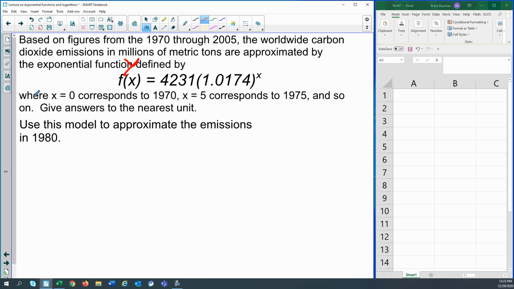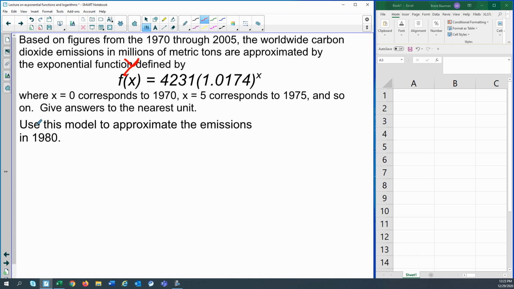Okay, so it's telling us that x equals 0 corresponds to 1970. So if we plug in 0 for x, f of 0, that will tell us how much carbon dioxide emissions happened in 1970. If we plug in 5, same idea, we get the carbon dioxide emissions for 1975 and so on.